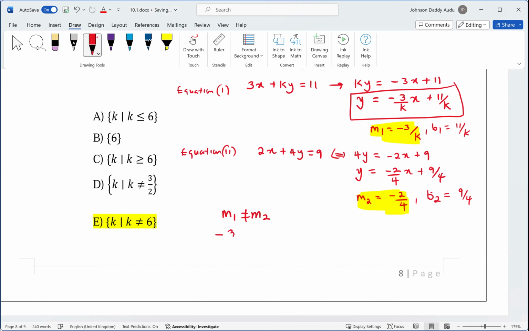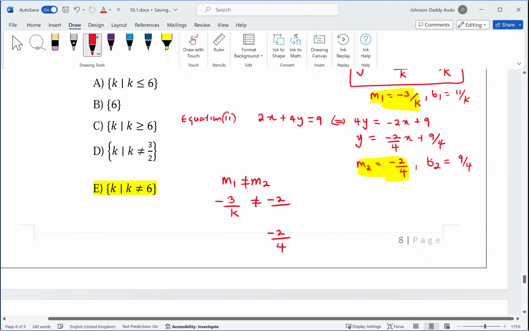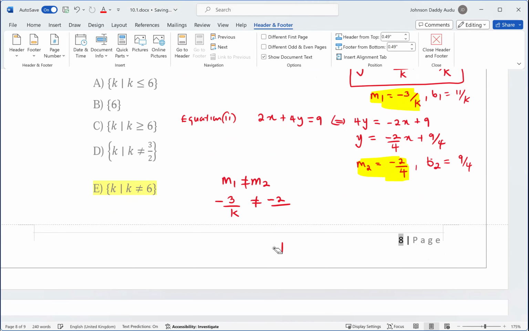It means that minus 3 over k should not be equal to minus 2 over 4. And this we can easily solve by cross multiplying, right?